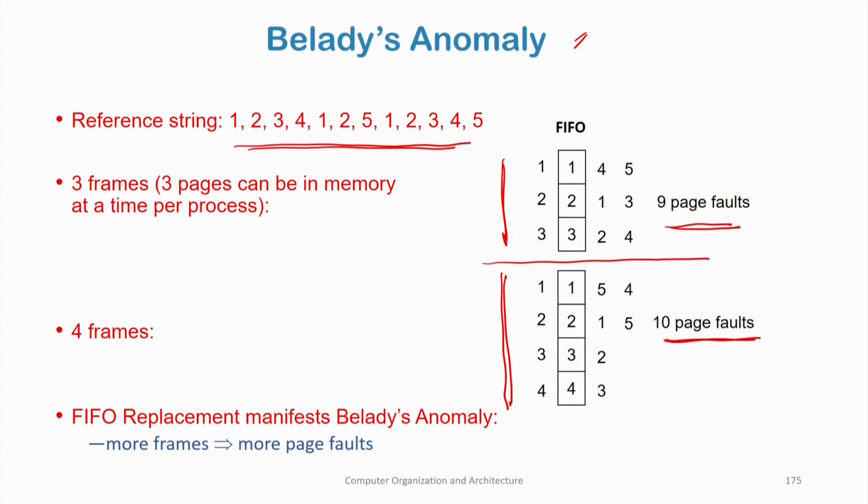Now, this should not happen, right, because you have more space in physical memory. 4 frames means the capacity of the physical memory is higher than when you only have 3 frames. Okay. So, the capacity is higher, but you still are incurring a higher number of page faults. So, this is an anomaly which is referred to as Belady's anomaly.